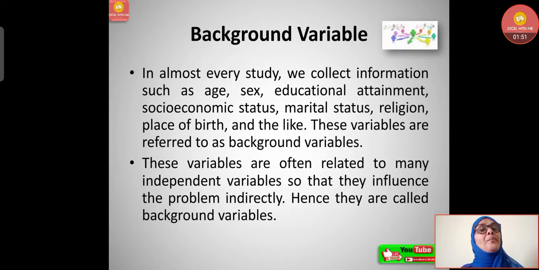Then we have understood the background variables. These variables are related to many independent variables, and they can influence the problem indirectly. In almost every study we collect data about age, sex, educational attainment, socio-economic status, marital status, religion, place of birth and the like. These are all referred to as background variables.